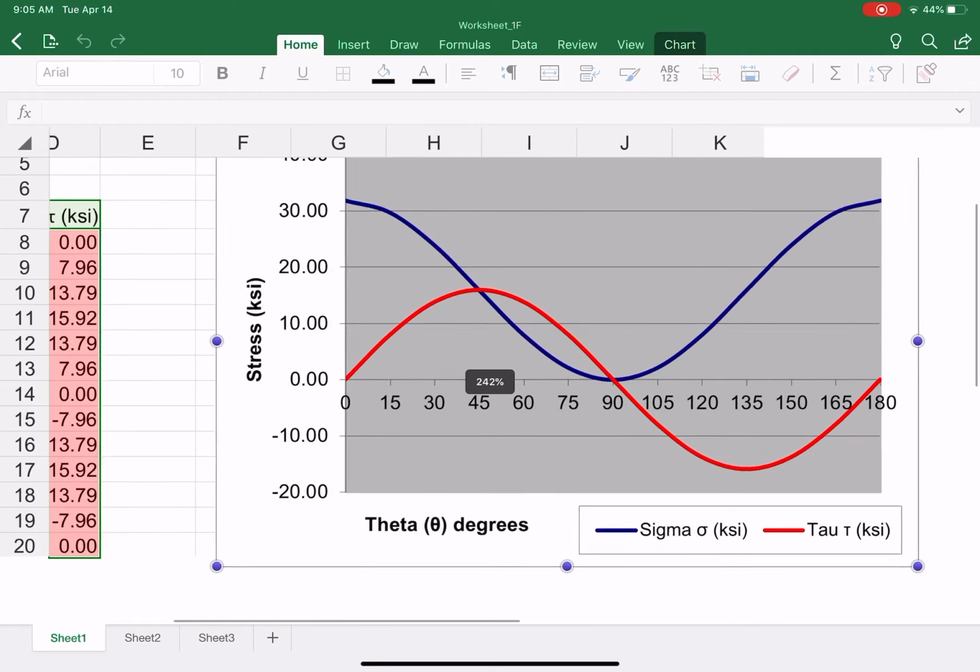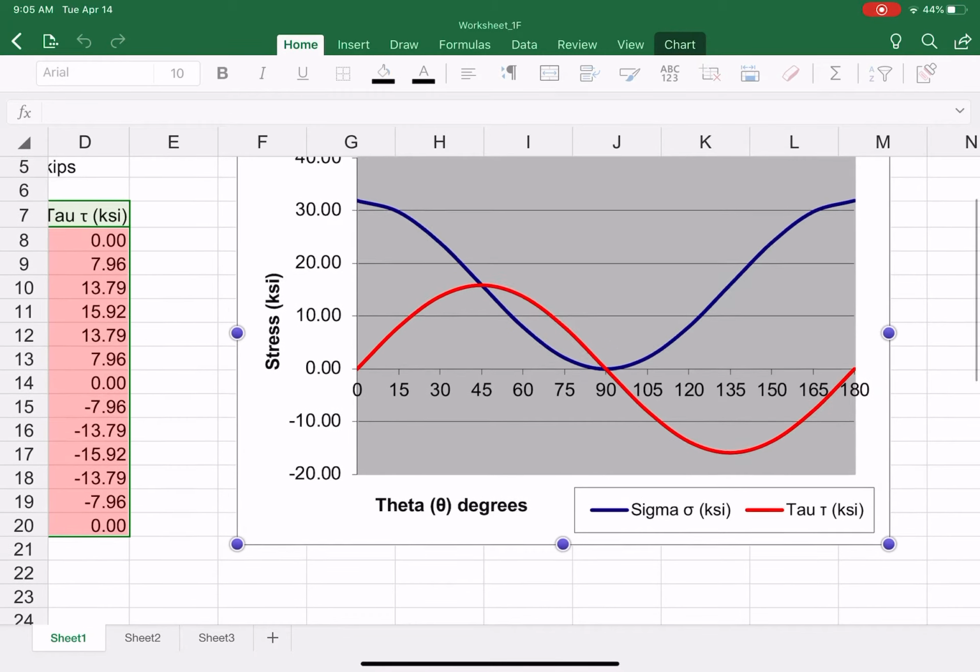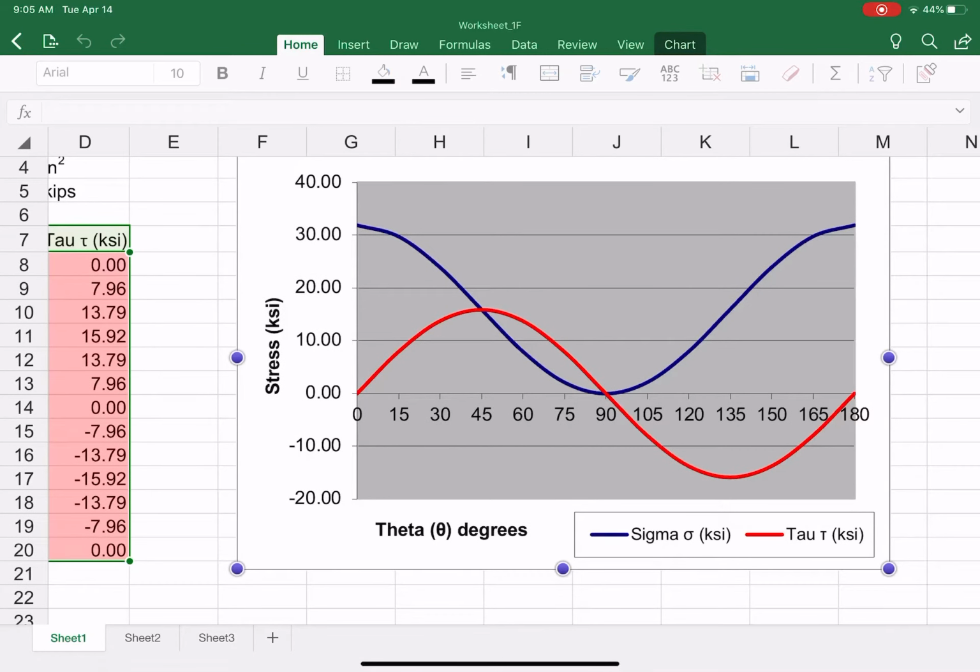So the bottom line: the normal stress gets the maximum when we cut at an angle perpendicular to the longitudinal axis, or the transverse cut.